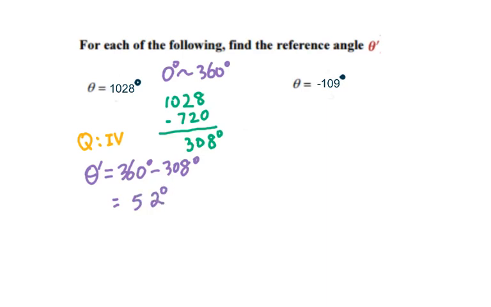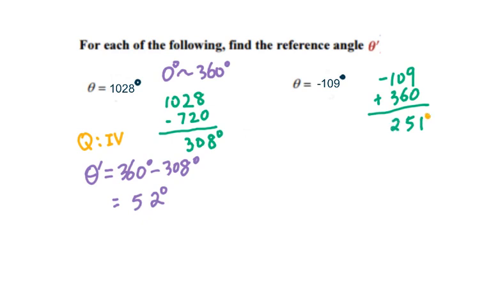Now let's go to theta equals negative 109 degrees. First of all, you need to add 360 so that you get the coterminal angle between 0 and 360. Then you will get 251.